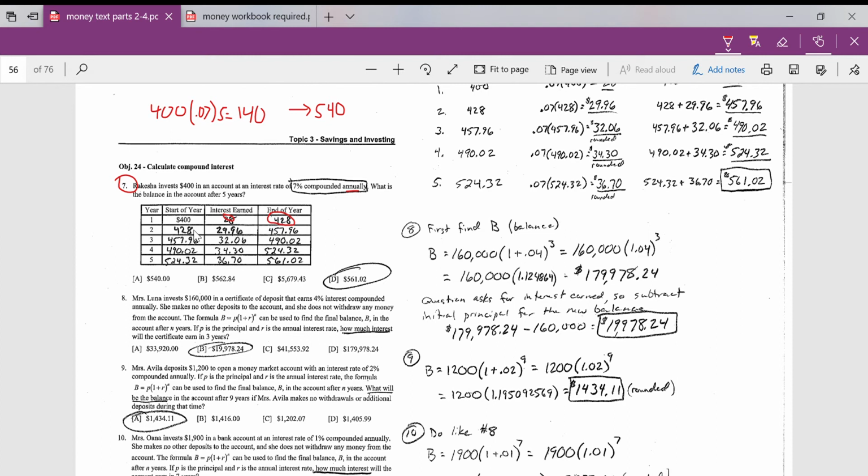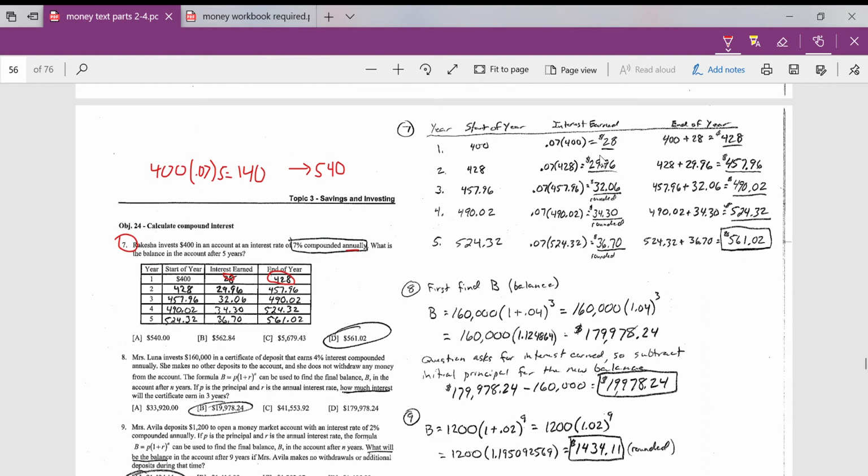And then they do it again. They take 428 times 0.07 times 1, which gives you $29.96, so almost $30. Add that to the 428 you started with. Now, instead of using 400 for your third year, you're going to use 457.96. And then they keep doing that every year.